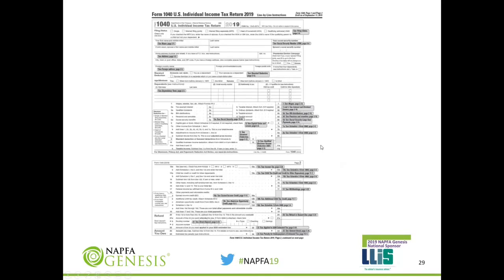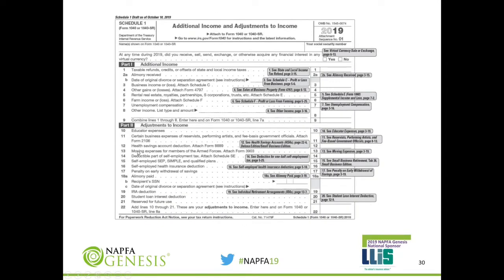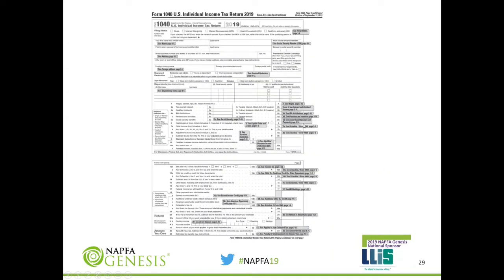Schedule 1, lines 14, 15, and 16, that is your self-employment tax, the self-employed retirement plans, and then the self-employed health insurance deduction on the new Schedule 1. Here's your 1040. Everybody's seen that. You know where the lines are.